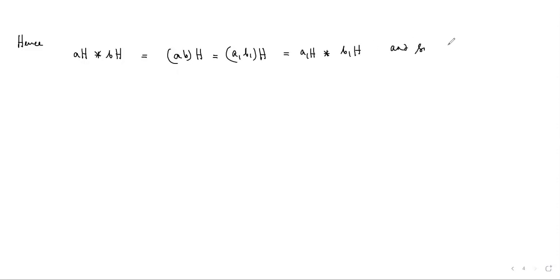Hence AH star BH is equal to ABH, and this is equal to A1 B1 H, and which is A1H star B1H, and so star is a well-defined binary operation.